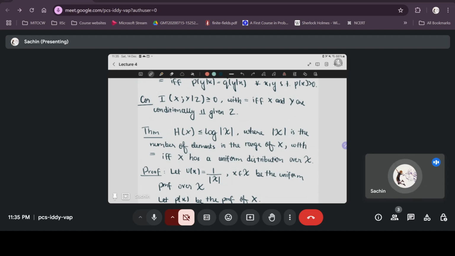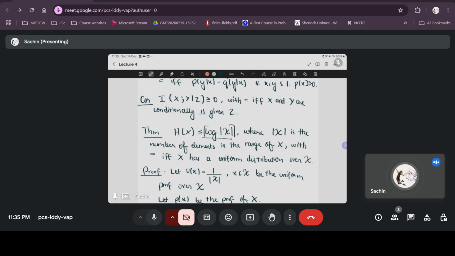So with that many bits, you could express it directly, right? Using a block code. If you have one bit, you can represent log of one, which is 0.